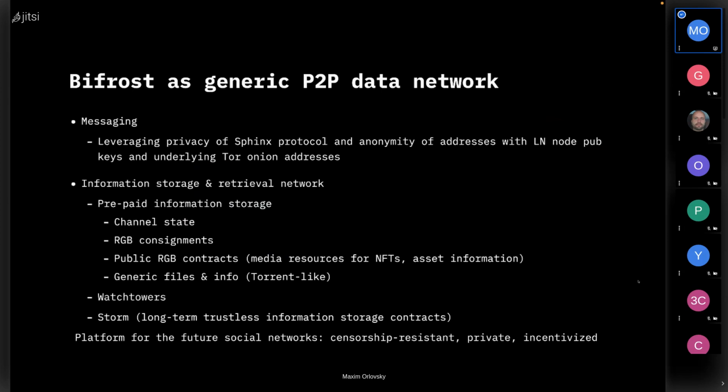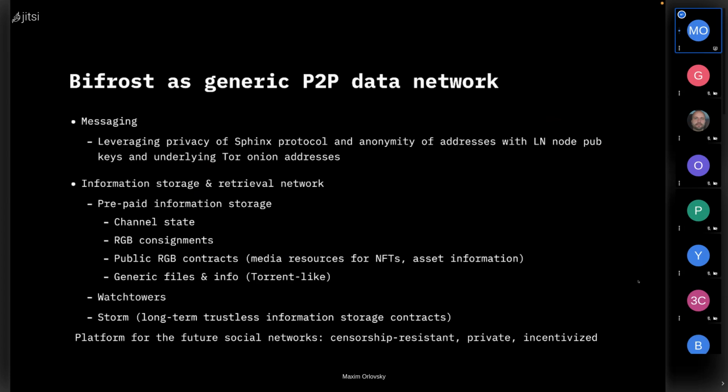Such a network will leverage the privacy of the Sphinx protocol for onion routing and anonymity of addresses composed of the Lightning node public keys, and also underlying onion addresses if they are used. In this regard, you will have a perfect end-to-end encrypted messaging system inside a decentralized network.